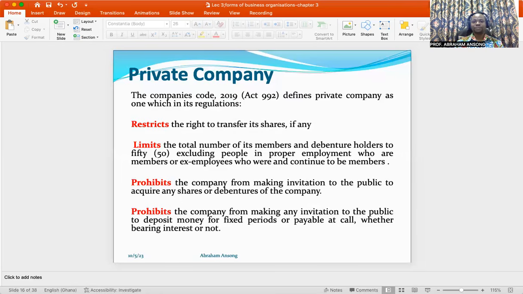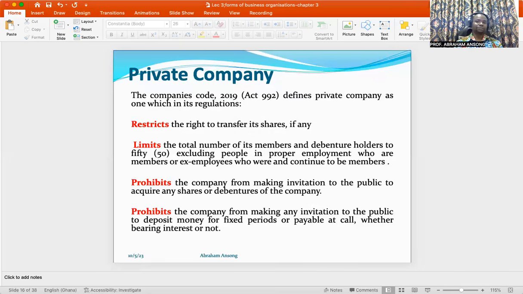Okay. So the Companies Code 2019 defines a private company as one which, and its regulations, 1, restricts the right to transfer its shares, if any. So for a private company, if they have shares, the right to transfer the shares is restricted. Unlike a public company, where all that you have to do is look for a broker on a stock exchange market for the broker to sell your shares for you.